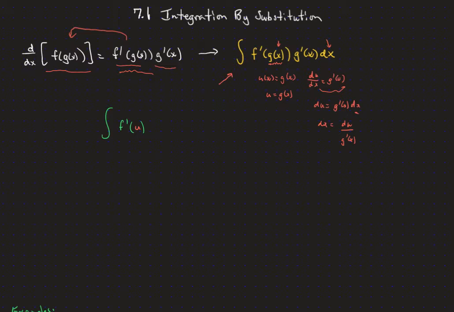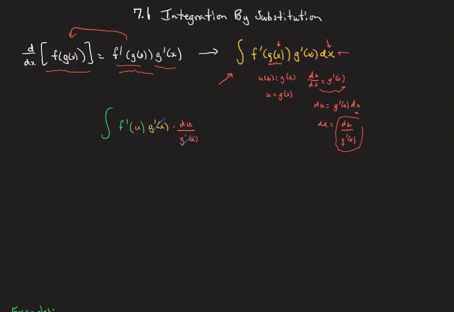And then we'll have this g prime of x that we'll leave there momentarily. And the dx that we see here, we're going to replace by du over g prime of x. That will allow us to get rid of or account for that g prime of x.